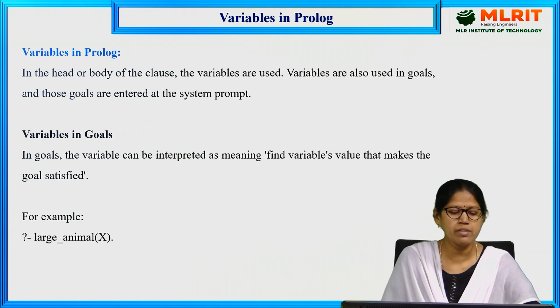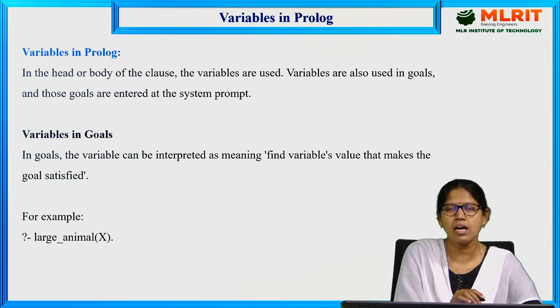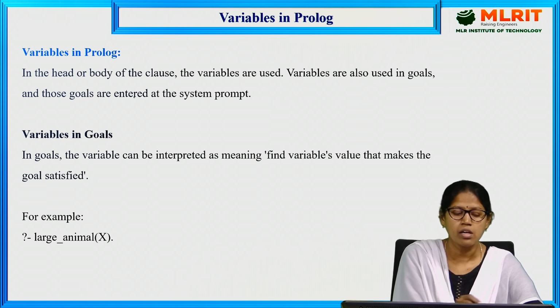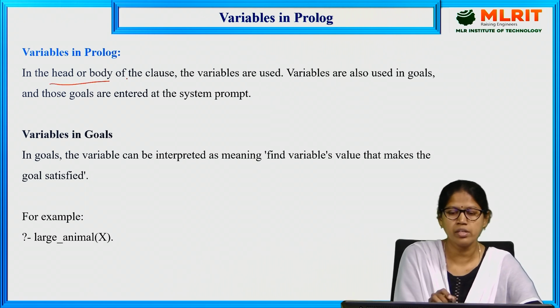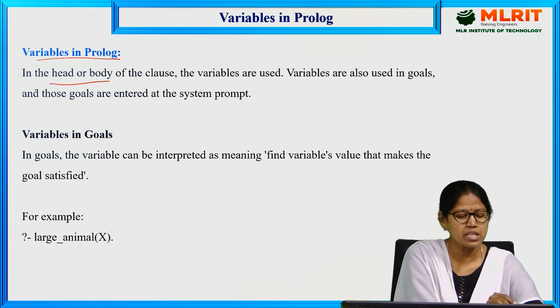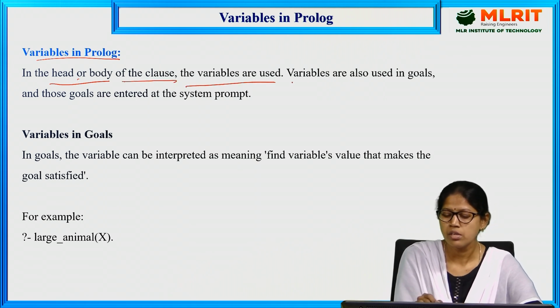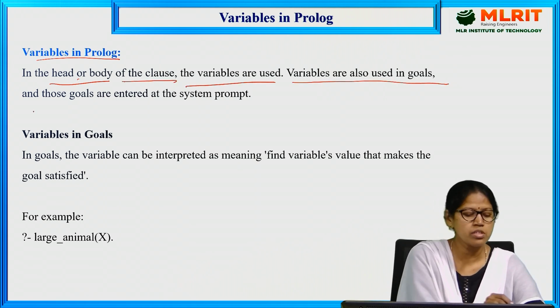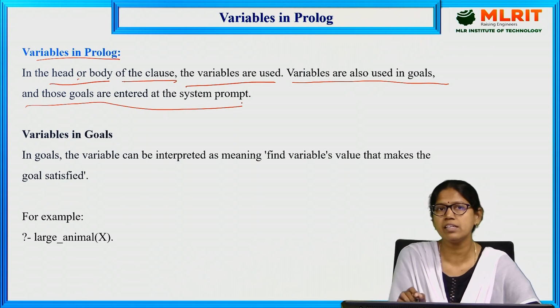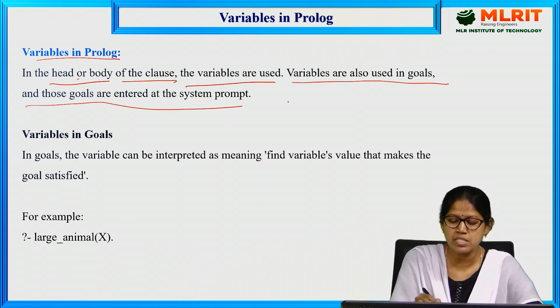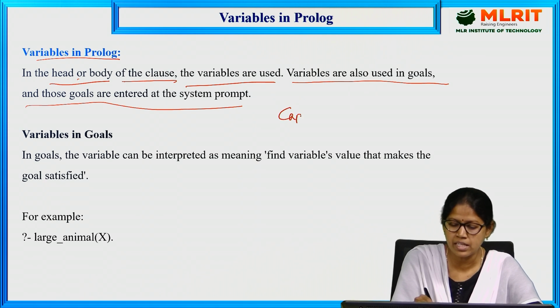Let's see variables. Variables are placeholders, used in the head or body of a clause. Variables are also used in goals, and the goals are entered at the system prompt.